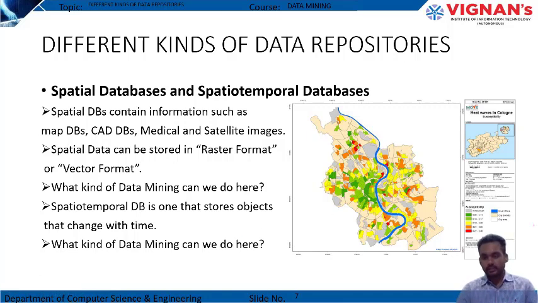If you look at this, we're trying to store heat waves in a place called Cologne. Each of these different colors indicates different heat zones. That pretty much helps us realize which places are hotter or colder in a given period of time.